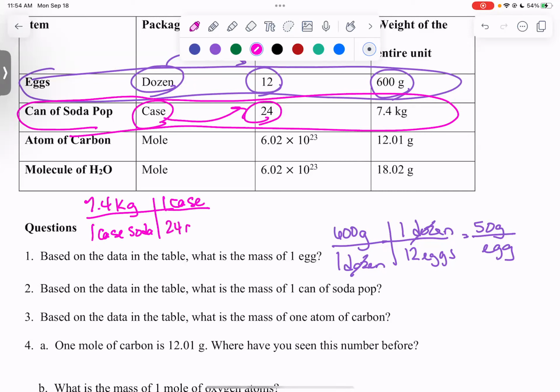That's what we want. So now, based on the table, what's the mass of 1 atom of carbon? Okay, so if we do this, we know we have 12.01 grams of carbon in every mole of carbon.